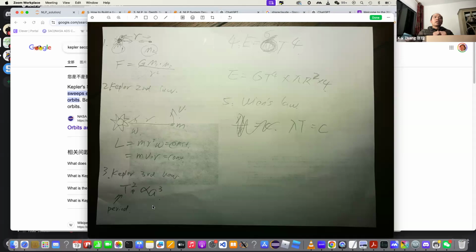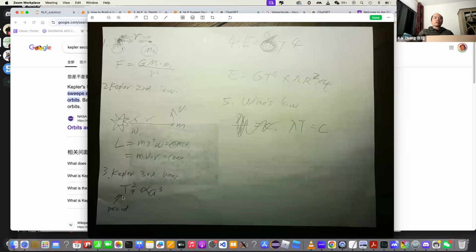But we can ignore the details and assume the orbit is a circle, and the radius of the orbit is a here.